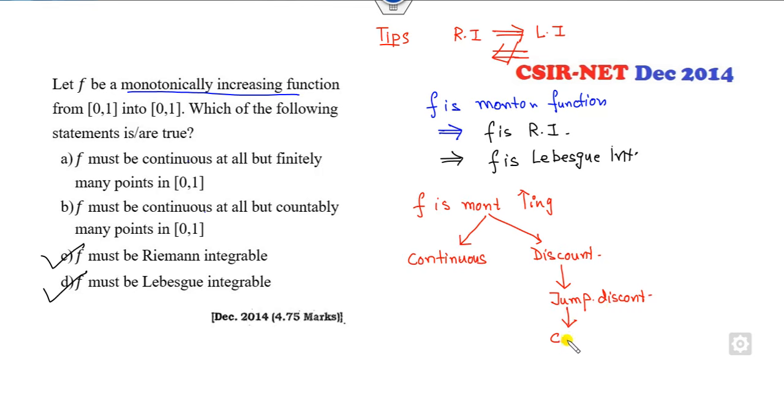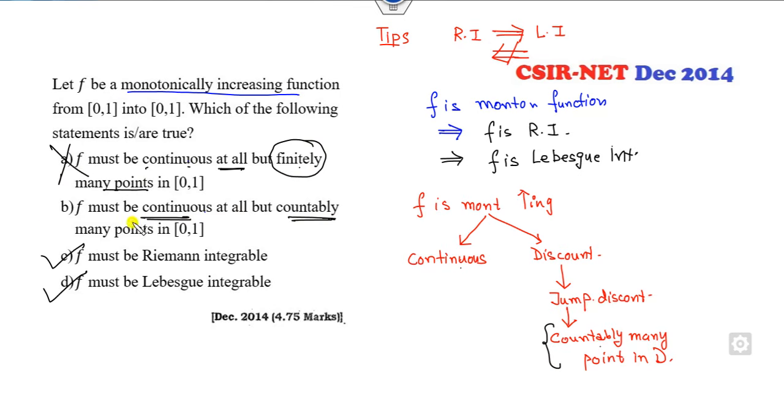What is the meaning of that? It has countably many breaking points in the domain. So what does it mean? F must be continuous at all but finitely many points is the wrong option. F must be continuous apart from the jump discontinuities. So what is the coordinate of the jump discontinuity? Countably many points. So the right answers are B, C and D for this problem.